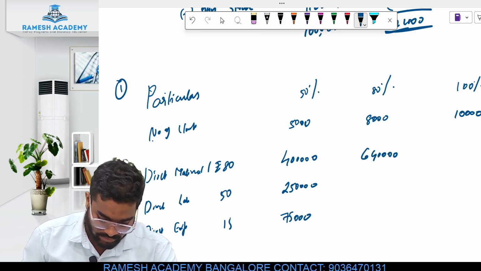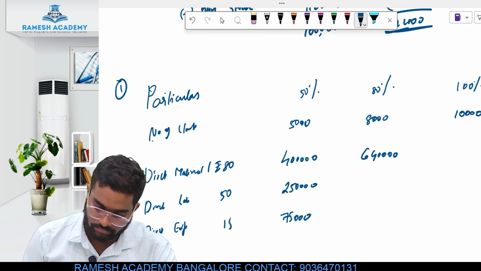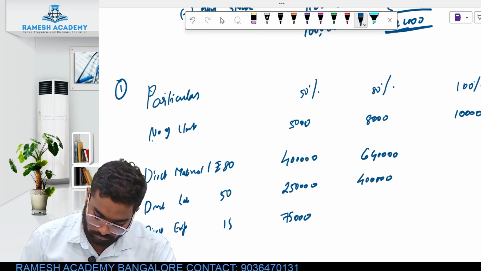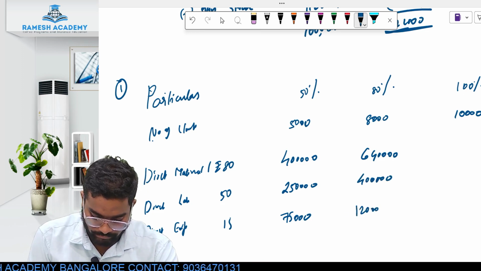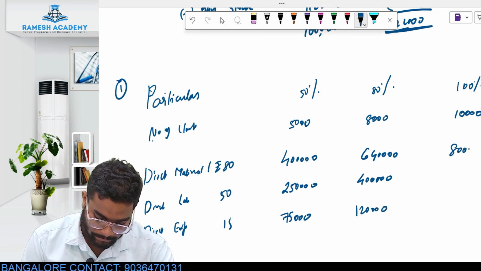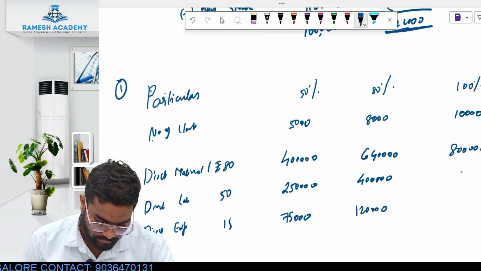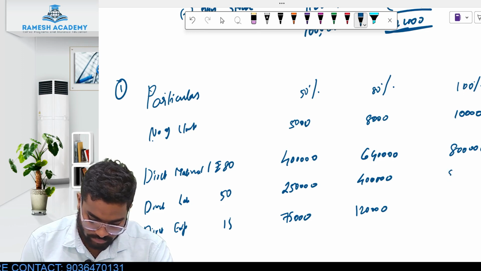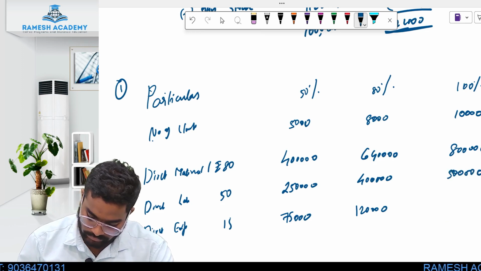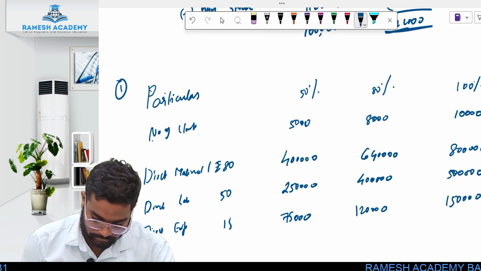Usual labor work we have to continue, 8,000 into 50 is 4 lakh. 8,000 into 15 is 1 lakh 20. So 10,000 into 80 is 8 lakh. Next 50 into 10,000 is 5 lakh. 15 into 10,000 is 1 lakh 50.